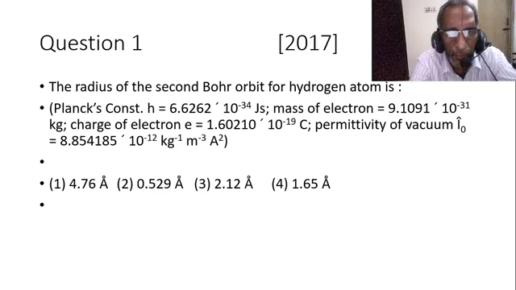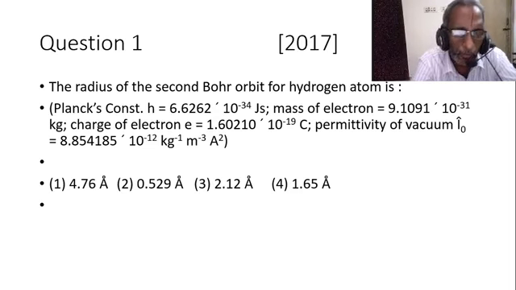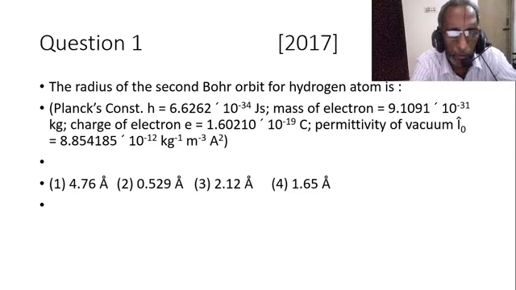The radius of Bohr's second orbit for the hydrogen atom is dash so many angstrom. Planck's constant is given.